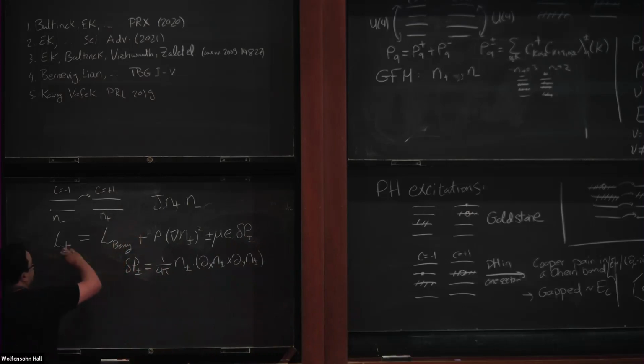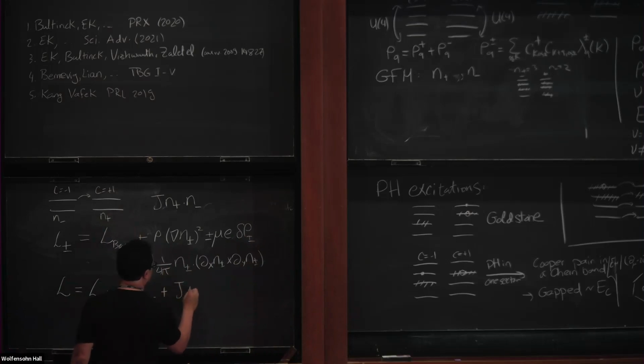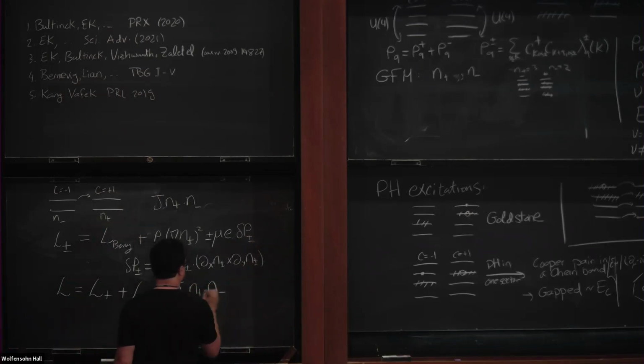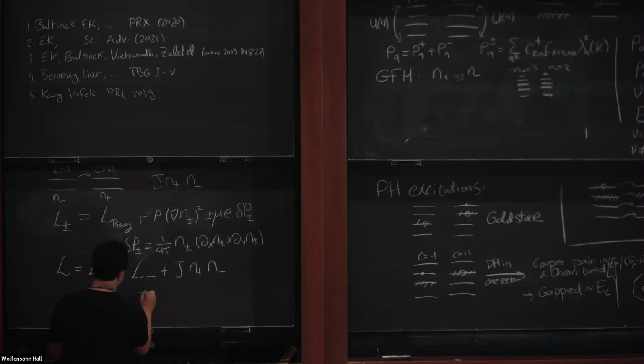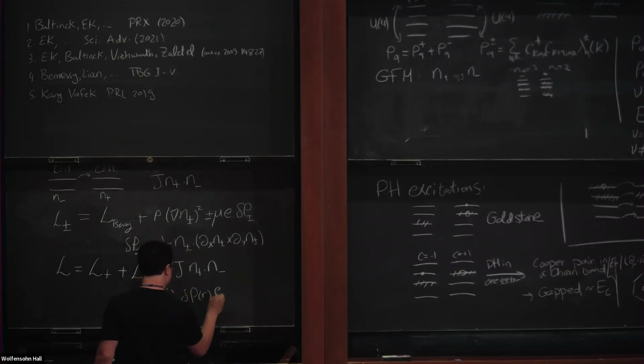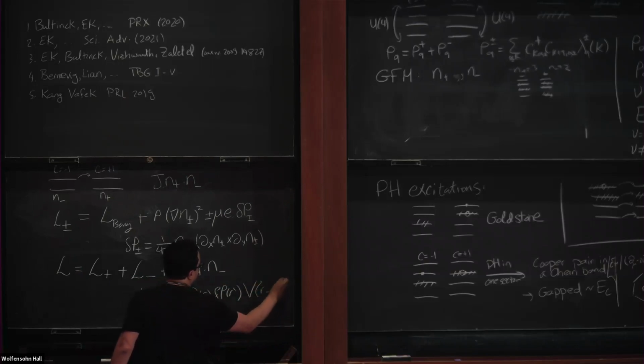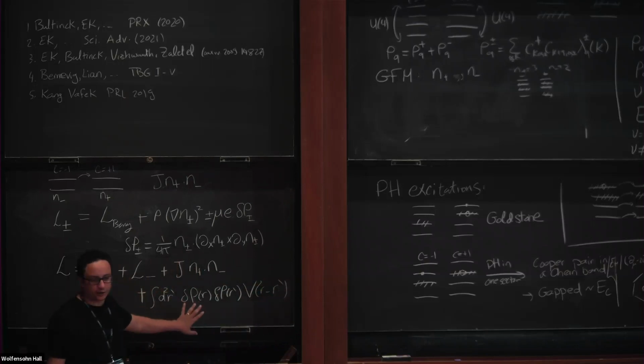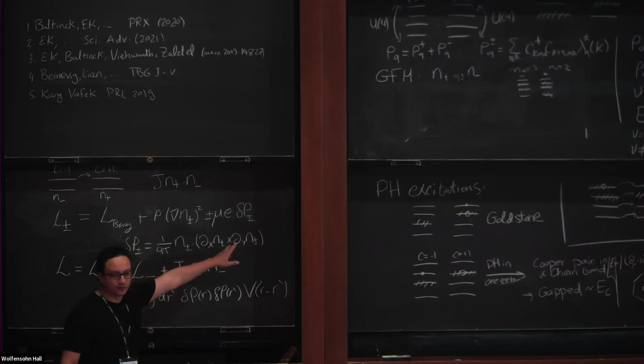Now, if I want to write the Lagrangian for the full model, I have the plus piece, the minus piece, and also this antiferromagnetic coupling. And it's useful to add a Coulomb interaction term. When you do gradient expansion, this is higher order in gradients because it has four derivatives, but it breaks some of the degeneracies.